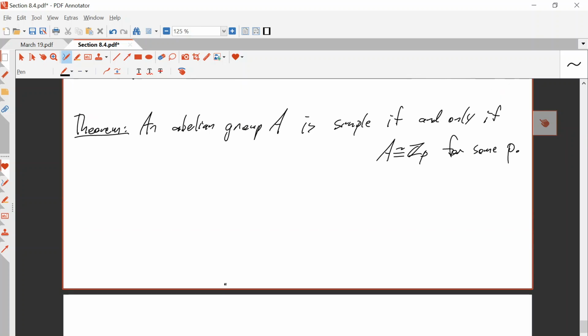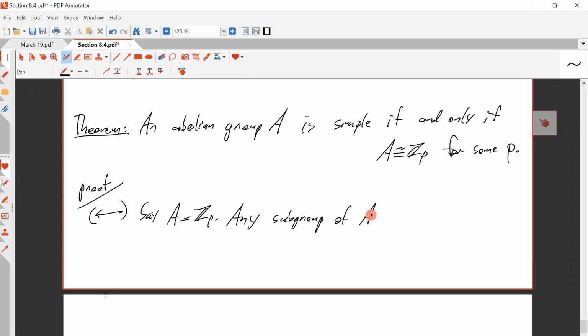Okay. So, proof. First we'll do the proof this way. Say that A is equal to Zp. Any subgroup of A has order dividing p.